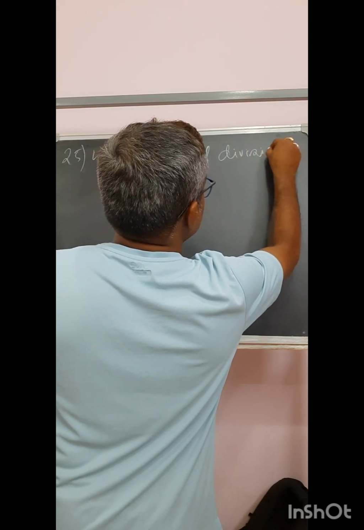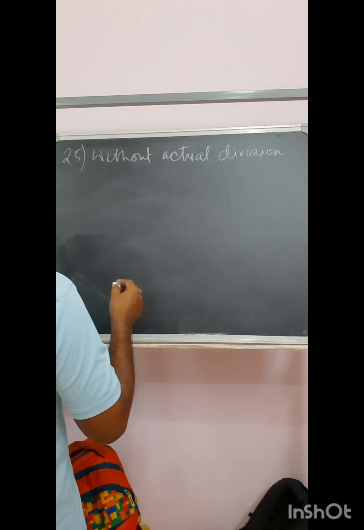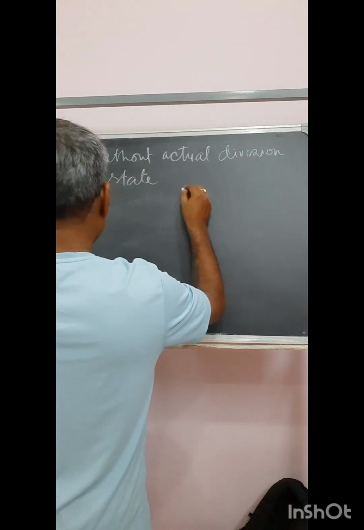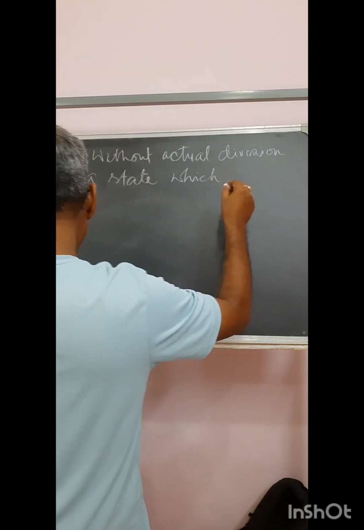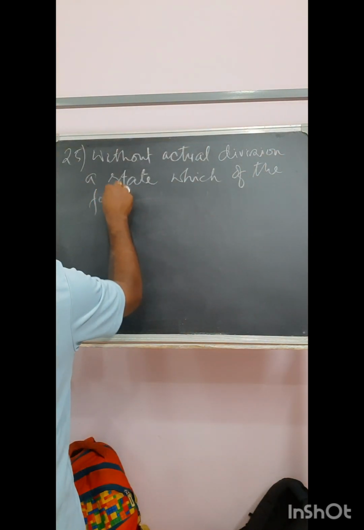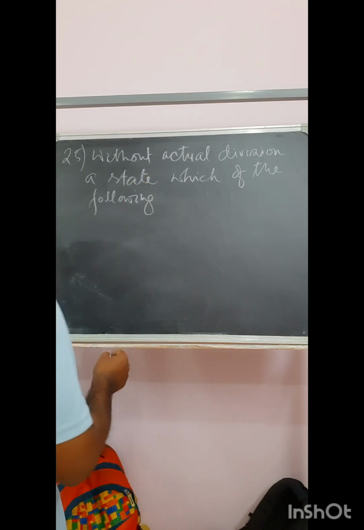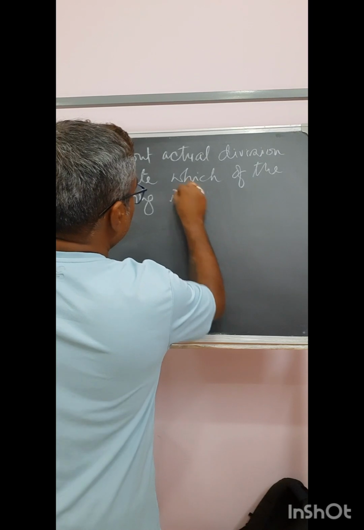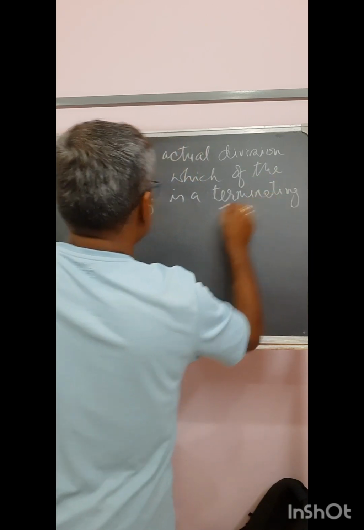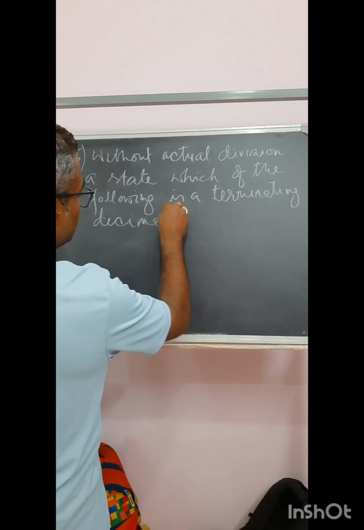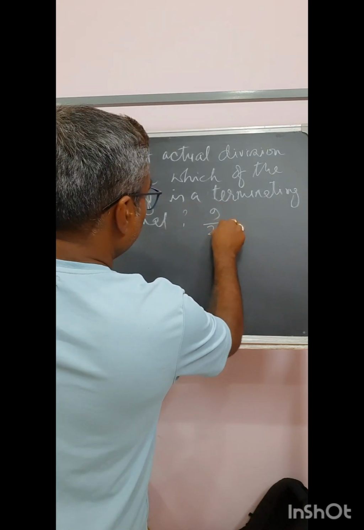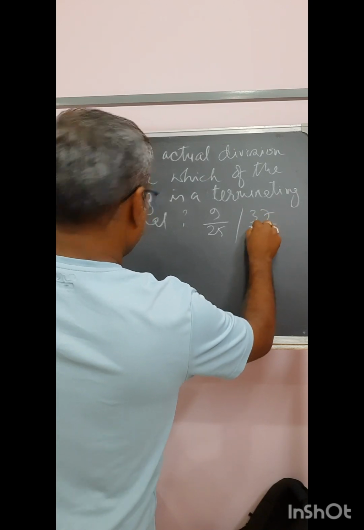State which of the following is a terminating decimal. Okay, so two options are given: 9 upon 25 and 37 upon 78.